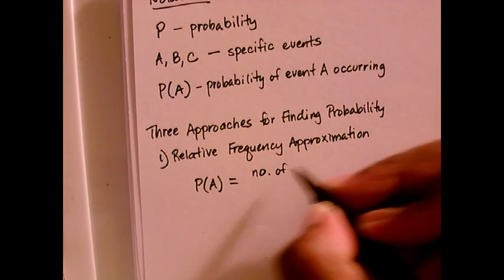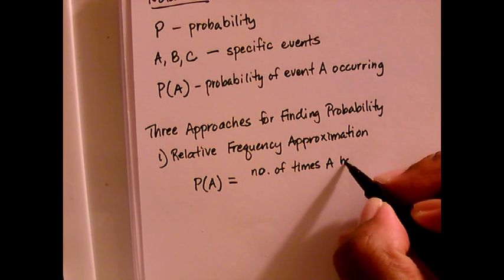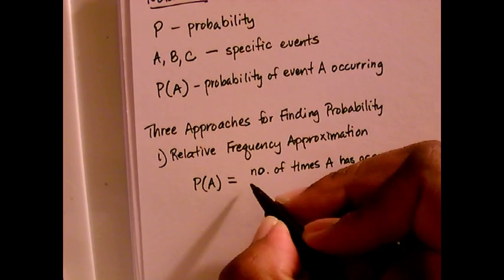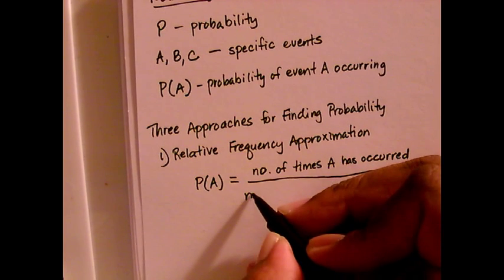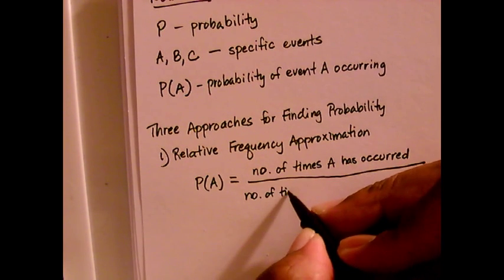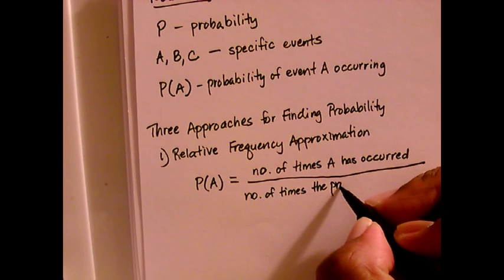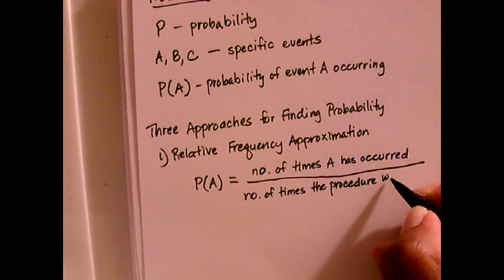I'm going to say the number of times that event A has occurred, and that's divided by the number of times the procedure was repeated.